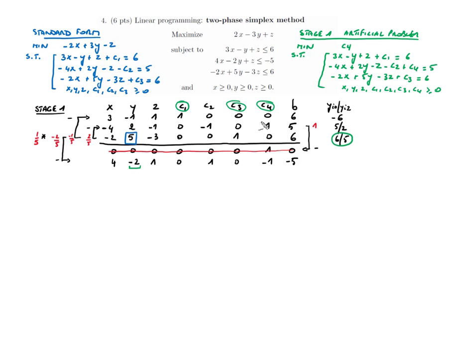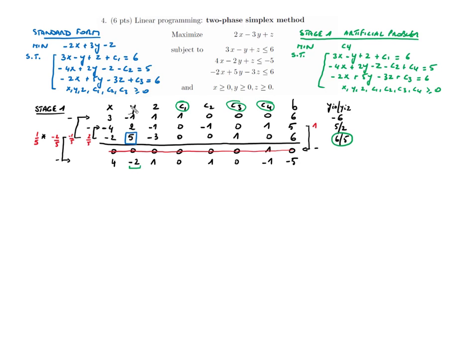If we perform this row operation over here, well, this line will disappear. This is why you have this red line, and it will be replaced by this one over here. And in this line you find the reduced costs. As you can see, this one is negative and it's the most negative one, so we have not yet arrived at the optimum.